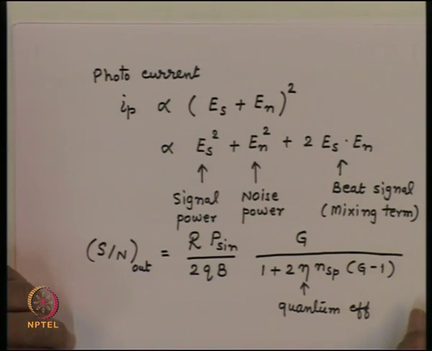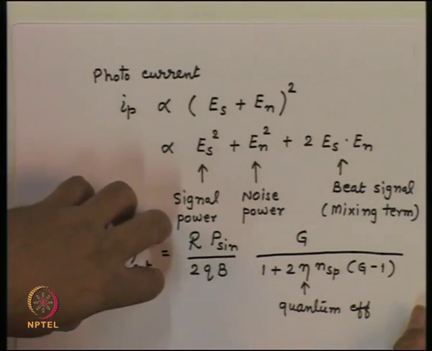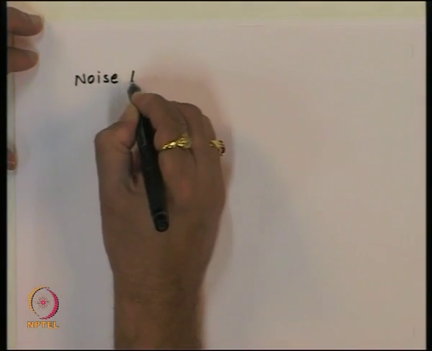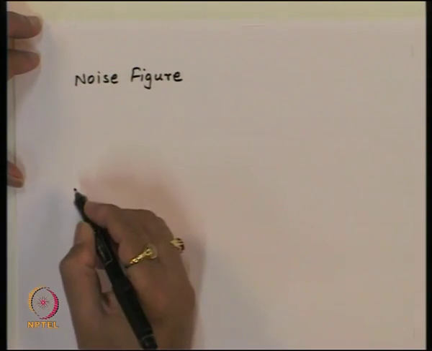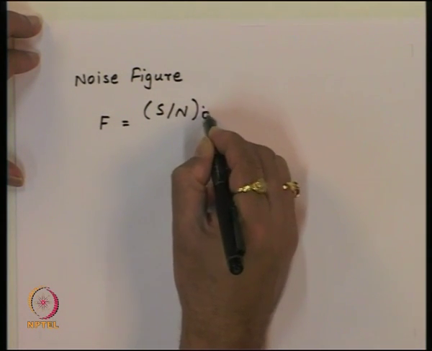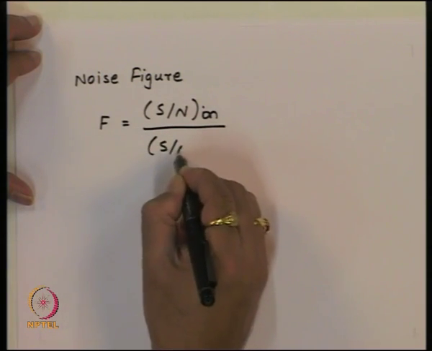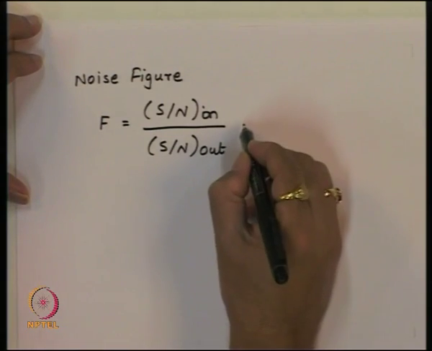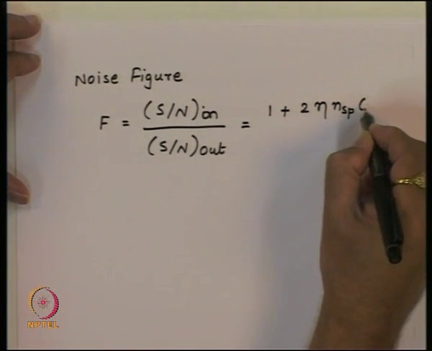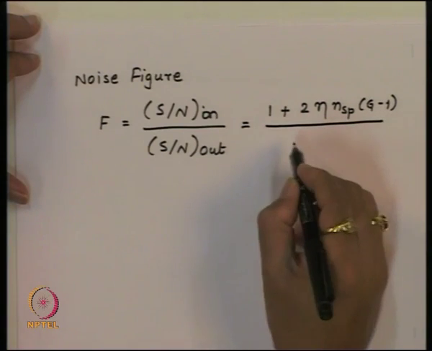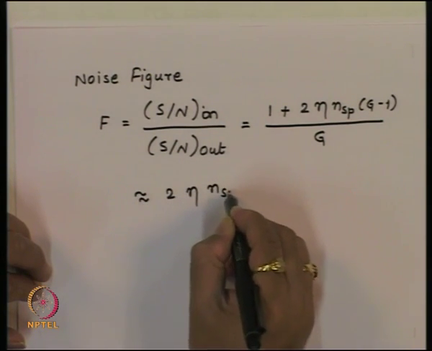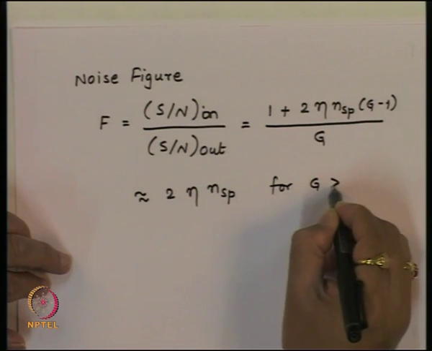So then one can define the noise figure for this amplifier, which is the signal to noise ratio at the input divided by the signal to noise ratio at the output. The noise figure F, which is S by N at the input divided by S by N at the output, will be nothing but this quantity here, 1 plus 2 eta NSP times G minus 1 upon G. So this is approximately equal to 2 times eta NSP for G much greater than 1.